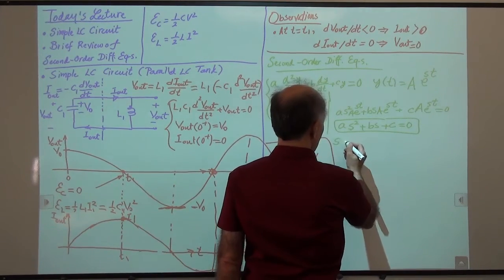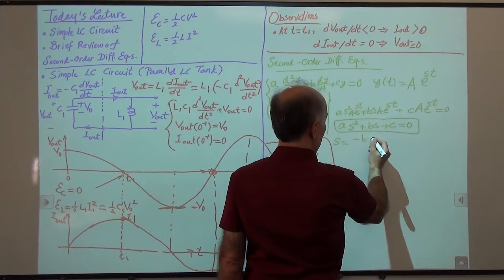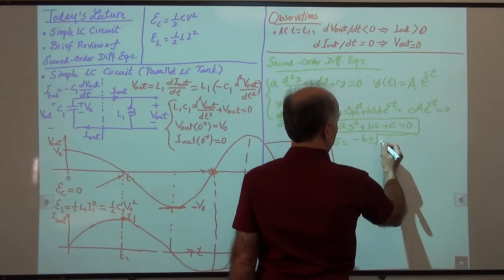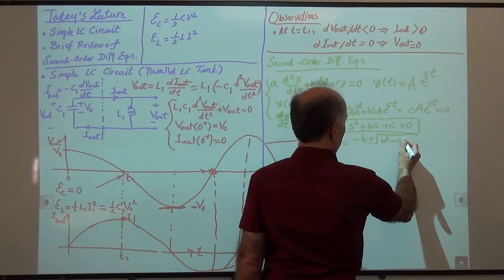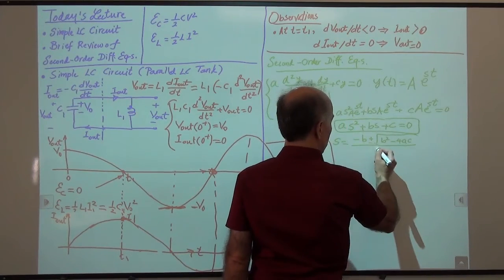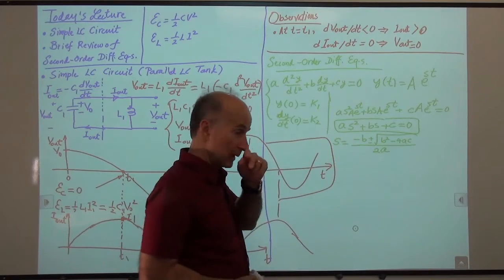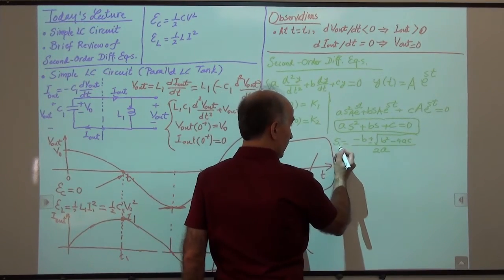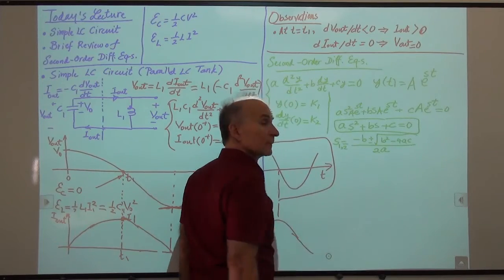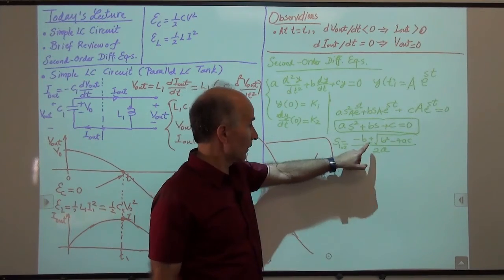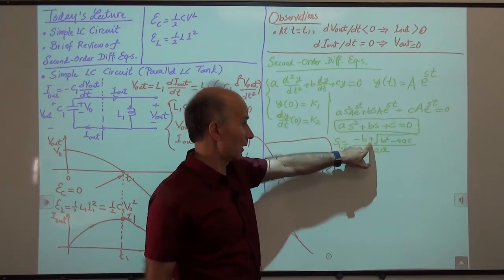So s is equal to minus b plus or minus the square root of b squared minus 4ac, divided by 2a. You see that there are two possibilities. So we're going to call these s1 and s2. Right? For example, s1 is the one with positive, s2 is the one with the negative.